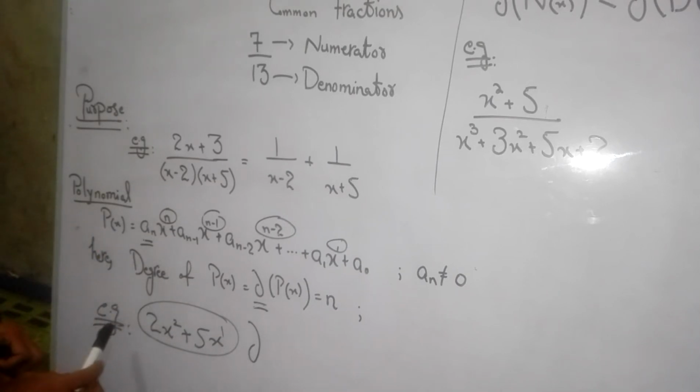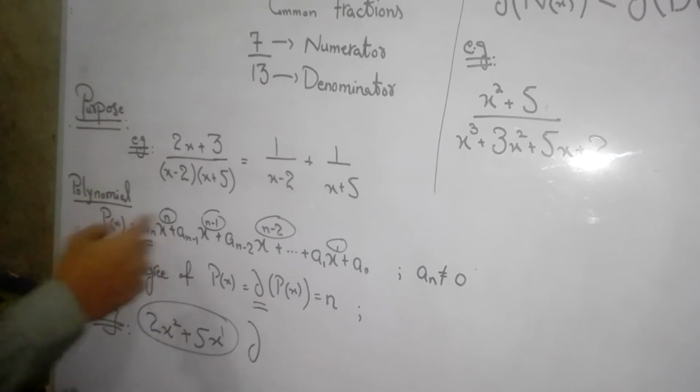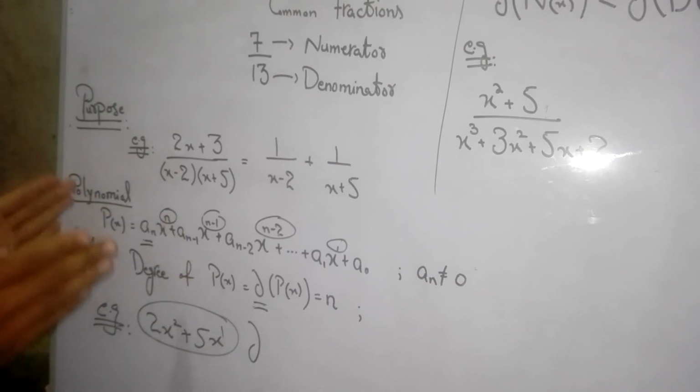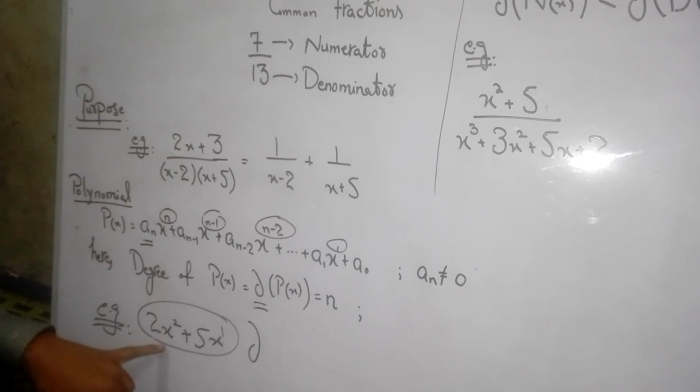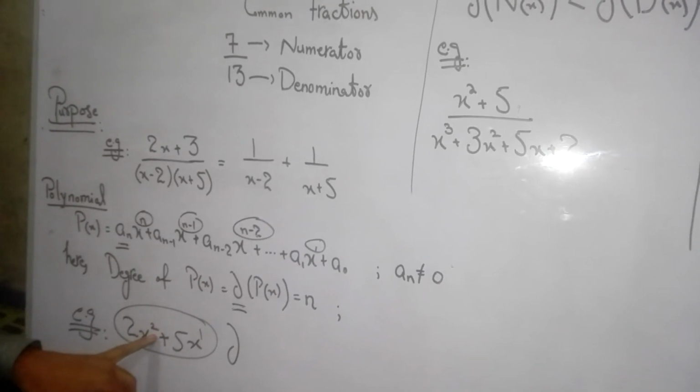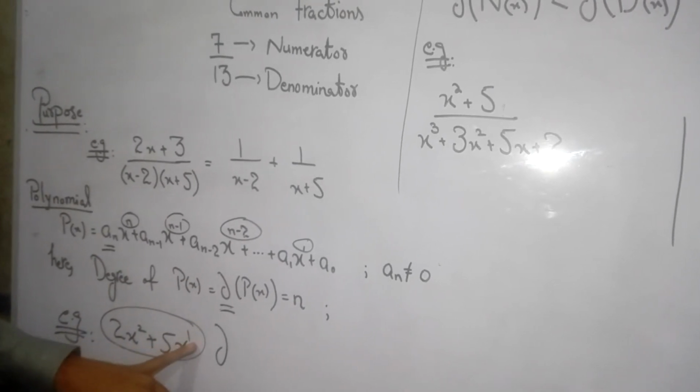So what should be the value of n, or the degree? The degrees, or powers, of a polynomial must be non-negative integers. For example, we have 2x square plus 5x. Is this a polynomial or not? To check the criteria, we can observe that the x power is 2, while in the next term the x power is 1.